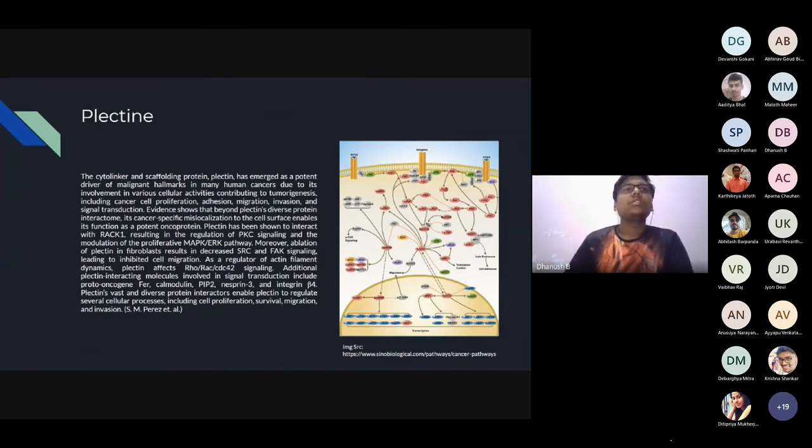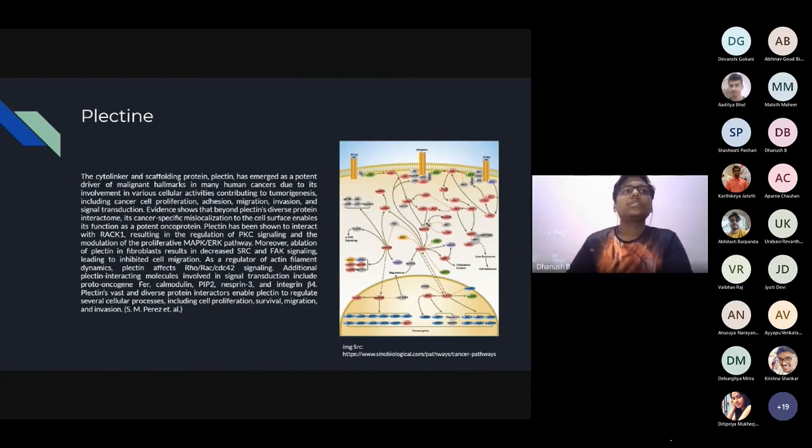Plectin interacts with many interactors and brings about cancer-specific mislocalization to the cell surface, enabling it as a potent oncoprotein.